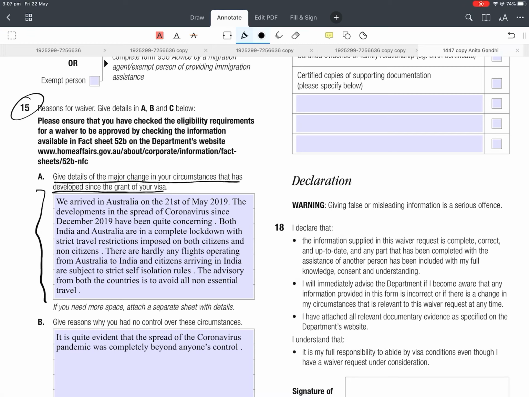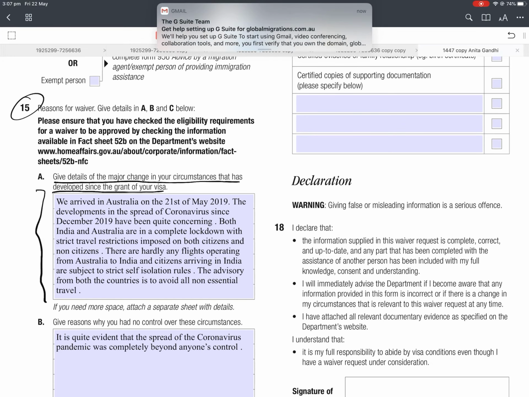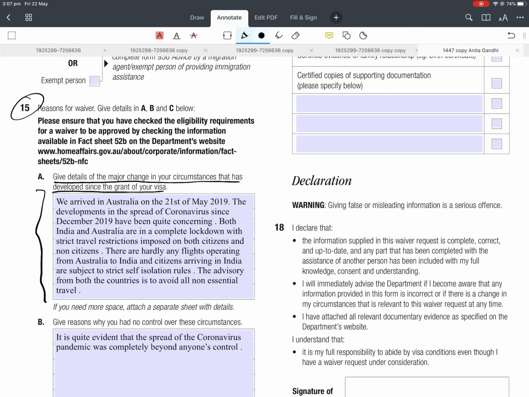I'll read it out. We arrived in Australia on a certain date. The developments in the spread of coronavirus since December 2019 have been quite concerning. Both India and Australia are in a complete lockdown. Maybe you can change this and write, India is under a complete lockdown and Australia pretty much is, with strict travel restrictions imposed on both citizens and non-citizens.